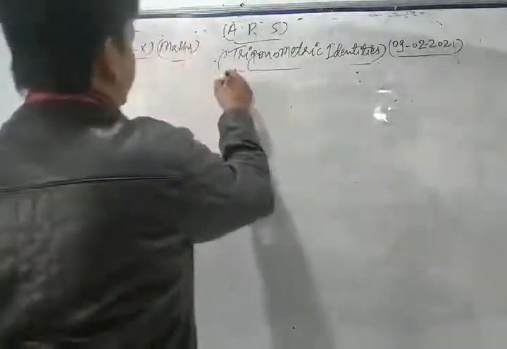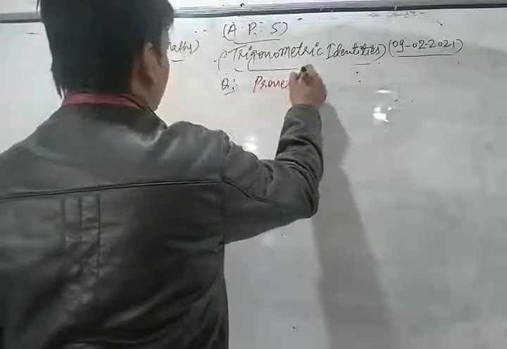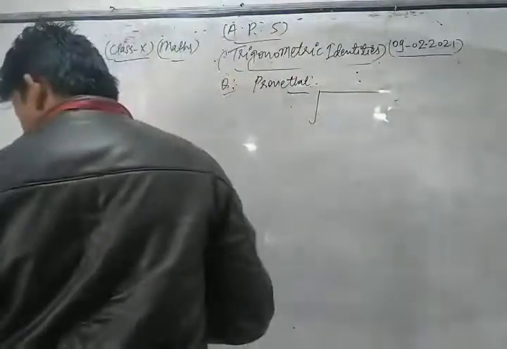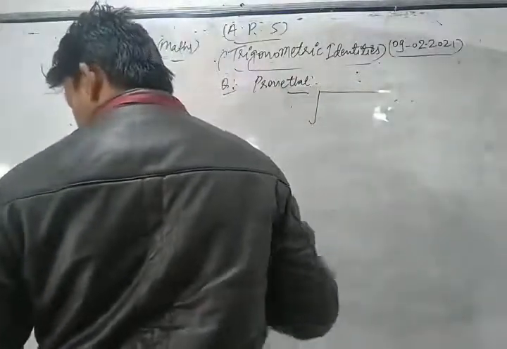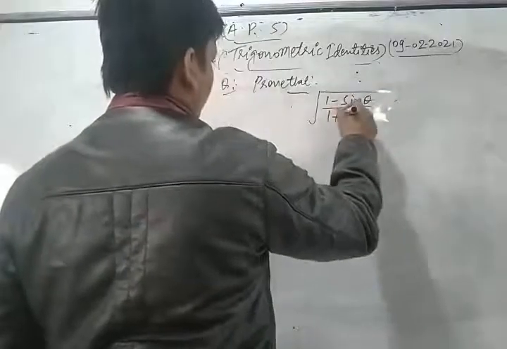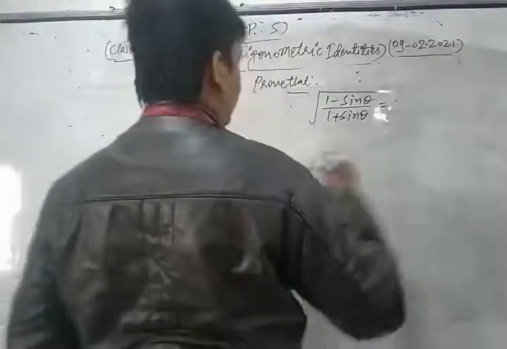Prove that, we take a question that is very important. Prove that the square root of 1 minus sin theta upon 1 plus sin theta is equal to sec theta minus tan theta.